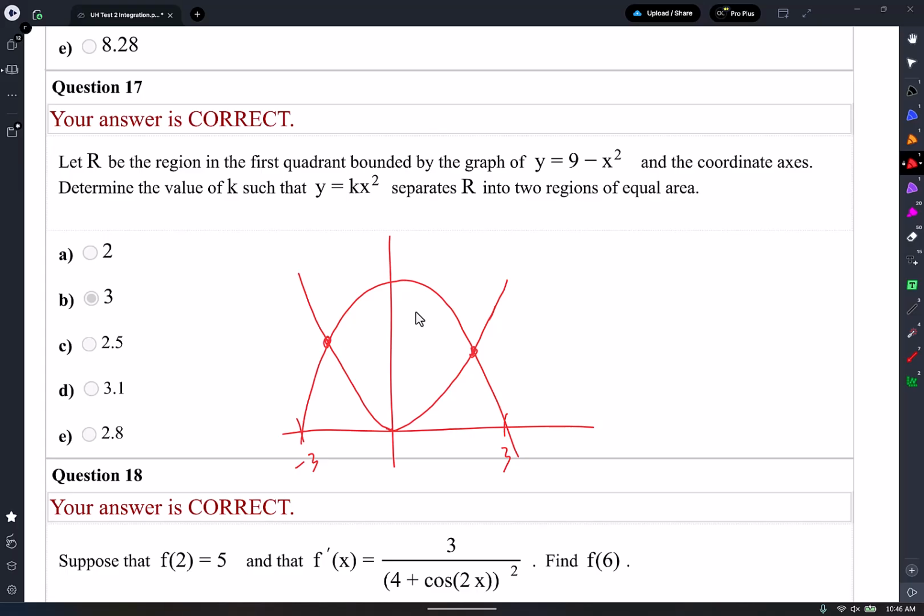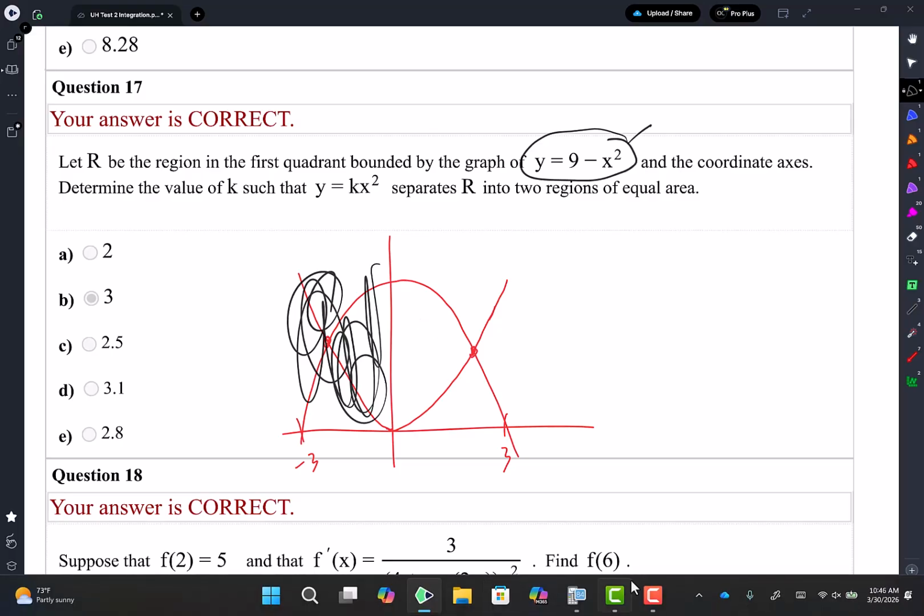Okay, hold on, I've got to think about this. Let R be the region in the first quadrant, so I'm going to delete all this stuff here. I don't care about it. Determine the value of k such that y equals kx squared separates R into two regions of equal area. First, find the area under the curve from 0 to 3 of 9 minus x squared, and divide it by 2 because of equal area.